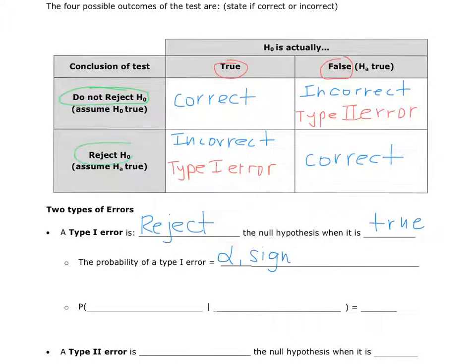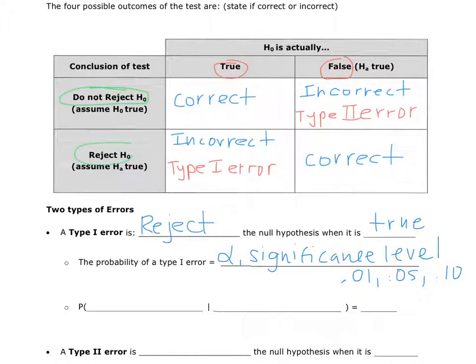So we choose the probability of a type 1 error. So this alpha is typically one of those 3 values, like 0.01, 0.05, 0.1.